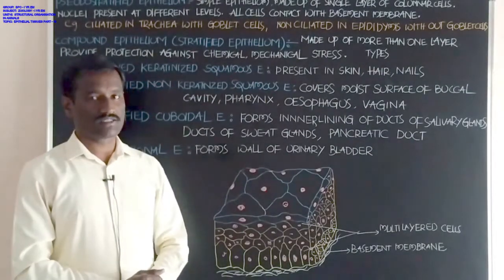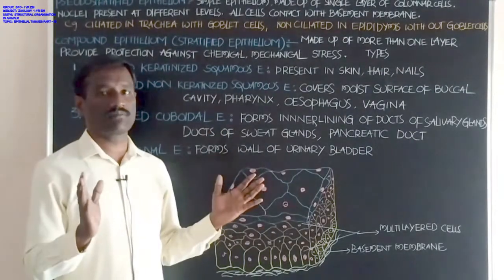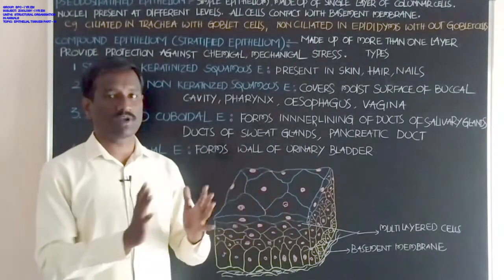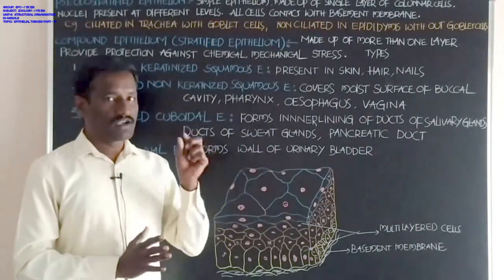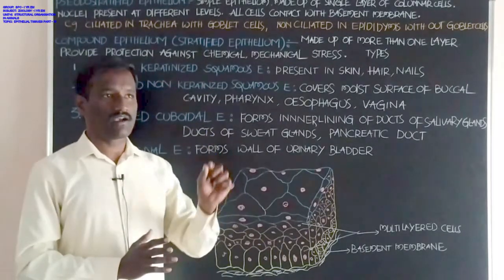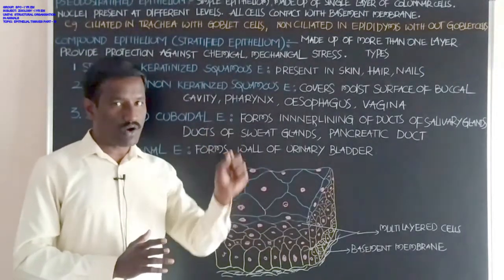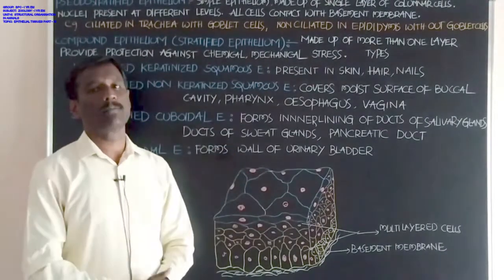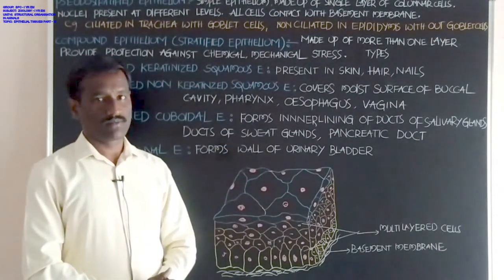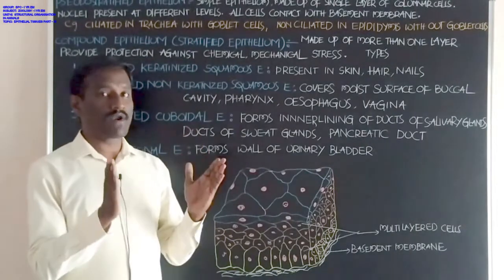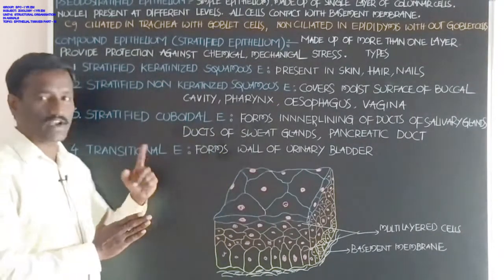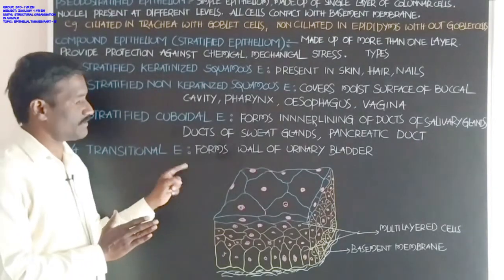The urinary bladder is a sac-like, pear-shaped structure present in the pelvis region of the human body. The kidneys form urine and send it through the ureter, and it finally reaches the urinary bladder. The urinary bladder wall is made of stratified epithelium, the transitional epithelium.